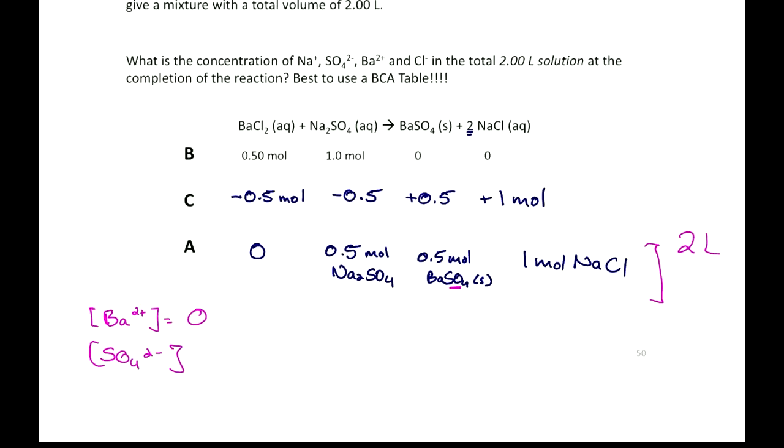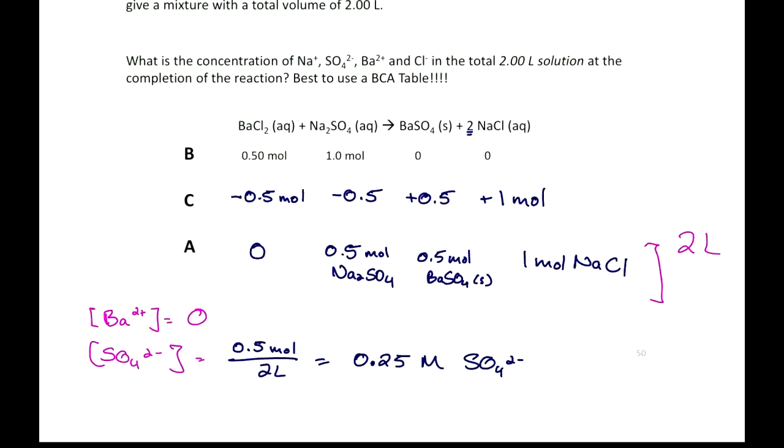So the sulfate concentration is coming from sodium sulfate. There's half a mole of sulfate present in 2 liters of solution, so the concentration is 0.25 molarity of sulfate. You following me? Good? Okay.